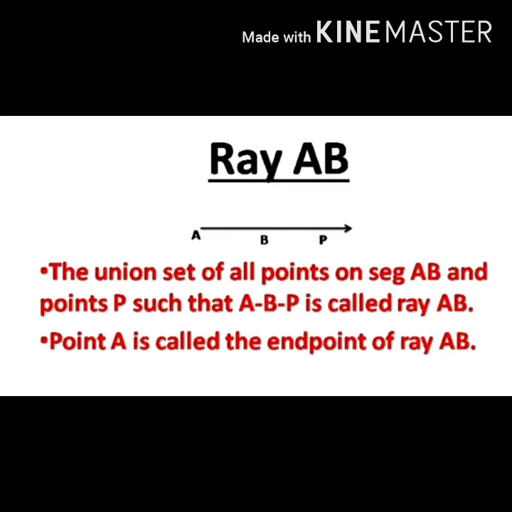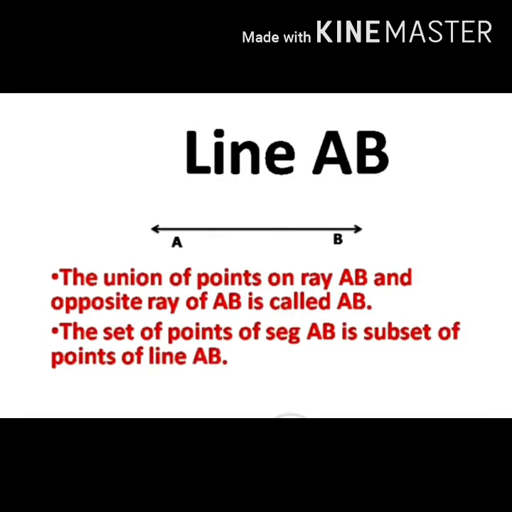Point A is called the endpoint of ray AB. Line AB. The union of the points on ray AB and the opposite ray of AB is called line AB. The set of points of segment AB is a subset of the points of line AB.